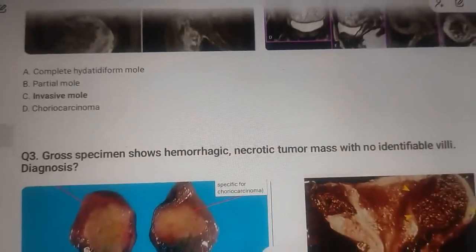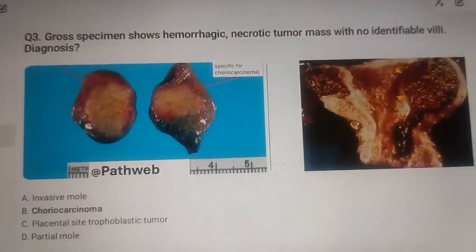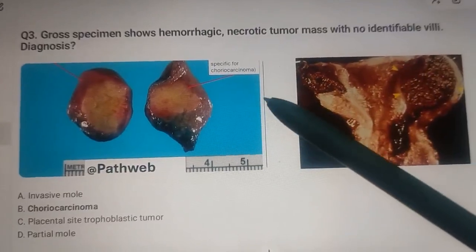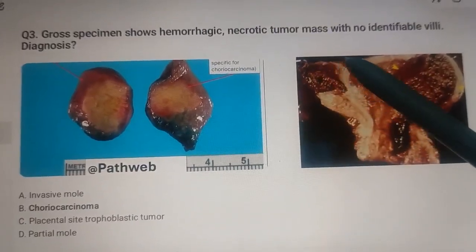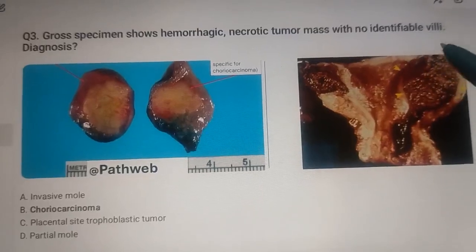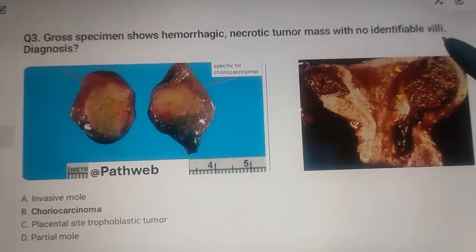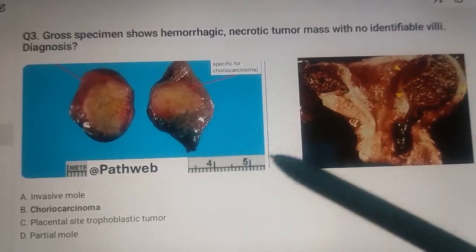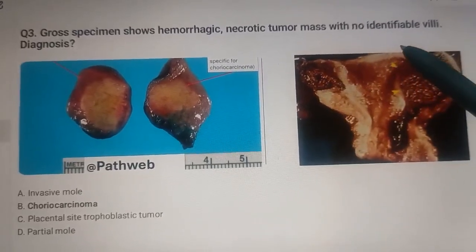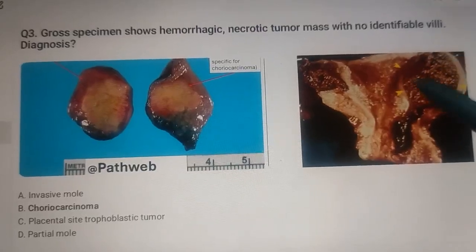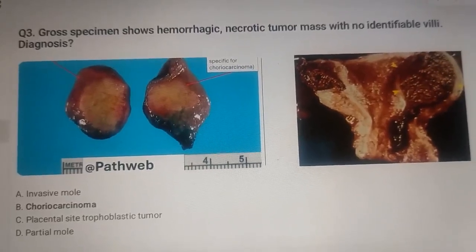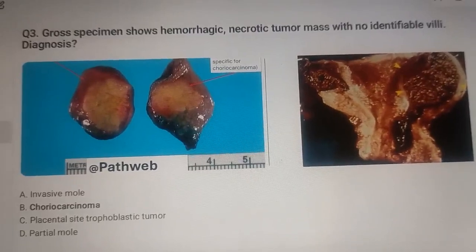Then the third question is gross specimen showing hemorrhagic and necrotic tumor mass with no identifiable villi. Then diagnosis is choriocarcinoma because we have studied already there are no villi in the choriocarcinoma, and choriocarcinoma is a hemorrhagic and necrotic tumor.